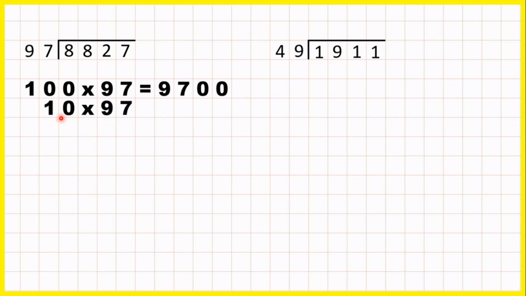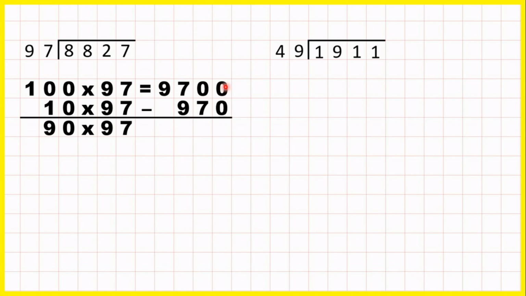Now I also know that 10 times 97 is 970, because multiplying by 10, if it's a whole number, you just put a 0 on the end. And what we can do next is subtract, and that will give us the answer to what 90 times 97 is, because if you have 100 times a number and you take away 10 times that number, you get 90 times that number, because 100 take away 10 is 90.